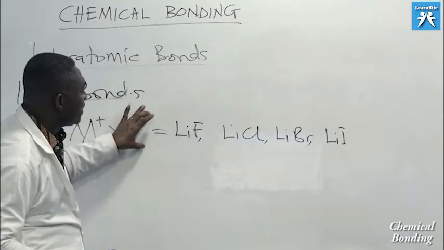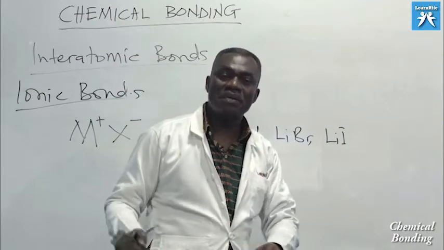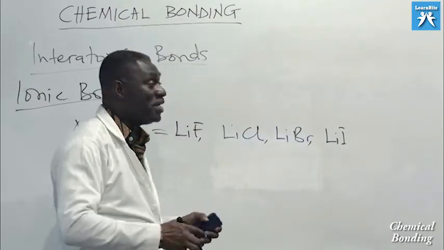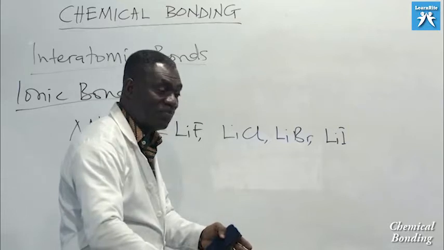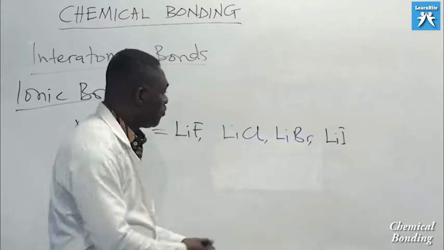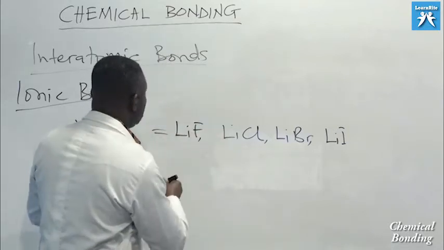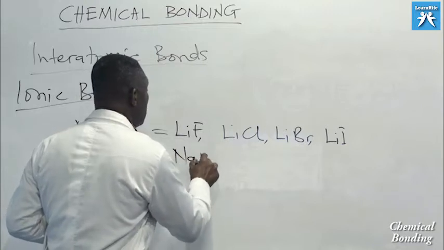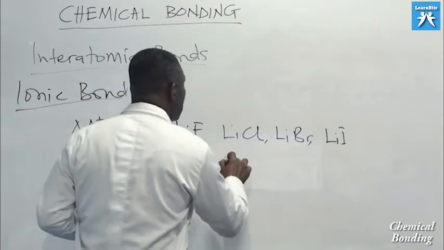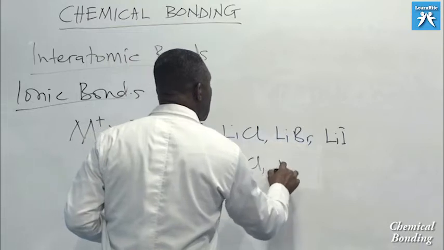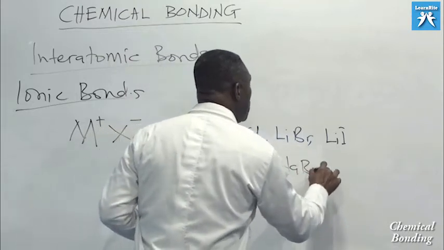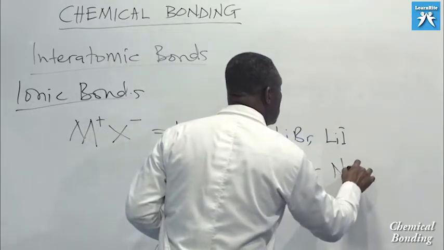So out of this formula I've written, I'm going to be able to write several examples by just combining the group 1 with all the group 7, another group 1 with all the group 7. So from here, if I take sodium too, I can write sodium fluoride, I can write sodium chloride, I can write sodium bromide, and I can write sodium iodide.